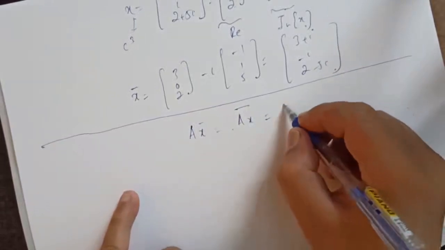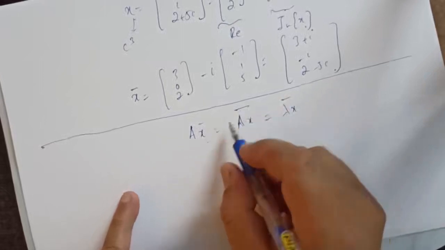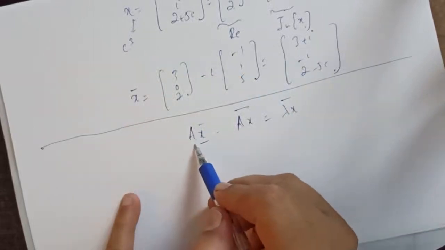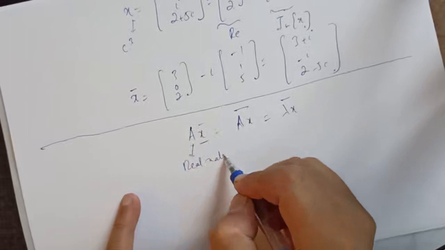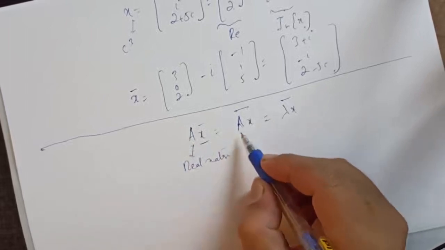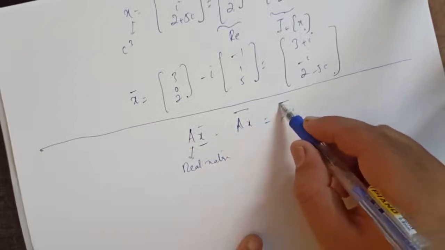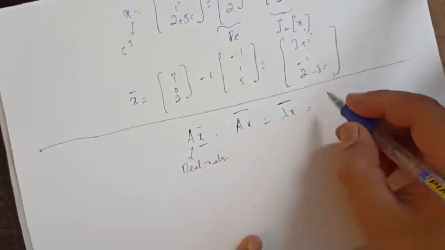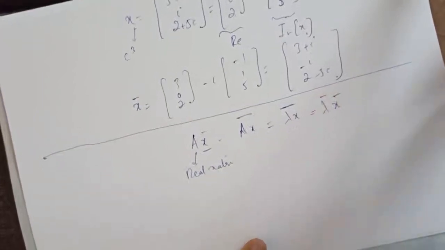If A is a real matrix, the conjugate won't hurt it. So x is a complex vector like this one over here, and A is a real matrix. So I can write this as A x conjugate, which is equal to lambda x conjugate, and I can write this as lambda conjugate times x conjugate.